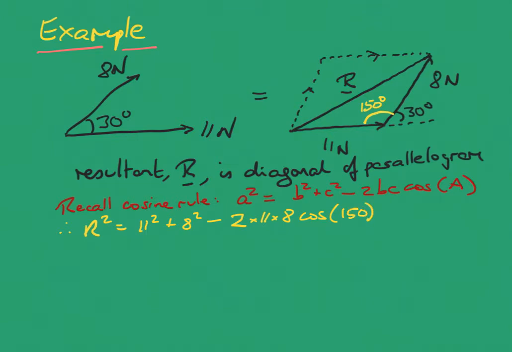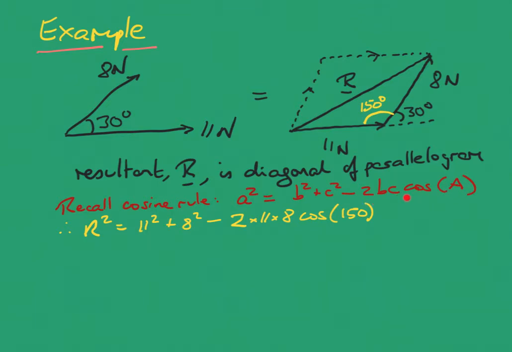Now, if we're saying that these vectors are forces, the magnitude of this vector is a force, so we have force squared, that's newtons squared. This is a square of a force as well, newtons squared. C squared, again, a force squared. And this final side, a number times a force times a force times a number.